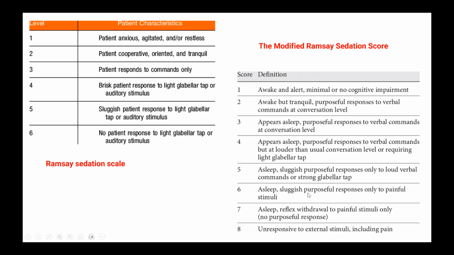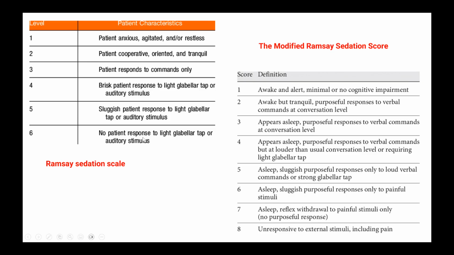And in the 6th level, it was earlier, in the original Ramsay, a comatose stage or a very deep sedation. Here there is a response to painful stimuli that is included in the modified Ramsay score. And in the 7, the patient is asleep. There is only a reflex withdrawal to painful stimuli, no purposeful response. And the last one, unresponsive.